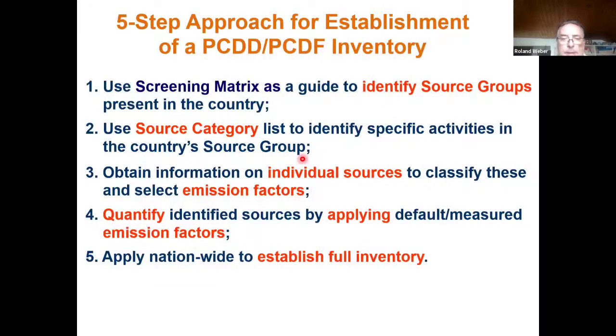By understanding the technology, you can select the emission factor. The fourth step is then to quantify: you multiply the emission factor with the activity rate, and you do this for all individual sources. Finally, when you compile everything together, you have established the full dioxin inventory.